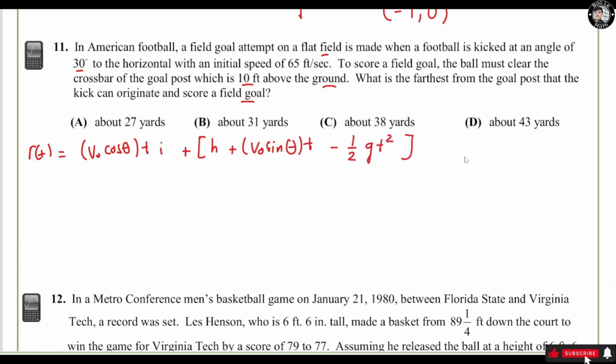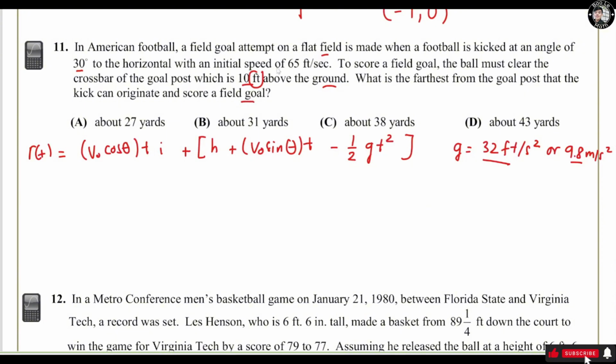Alright, now remember g could be 32 feet per second squared or 9.8 meters per second squared, depending on the units right here. So the unit right here is feet, we need to use this guy. If the unit right here is meter, we need to use this guy. Alright, so keep that in mind.